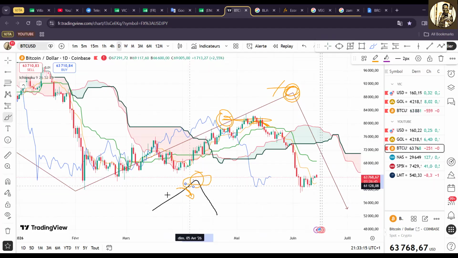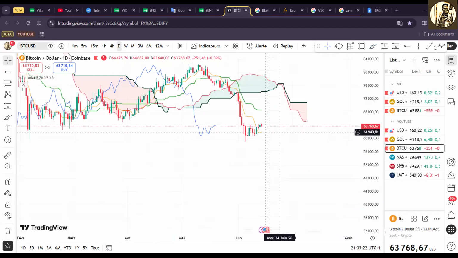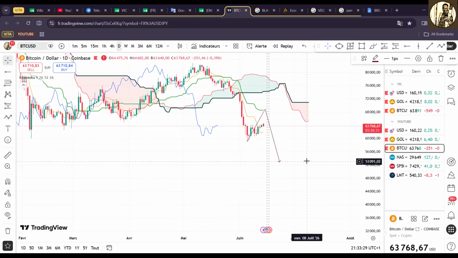And it is Ishimoku that will tell you that. That's what I try to mean. For example, you can predict that the price will move from this bottom till this Kijun before going back down, right? And now we are on daily.